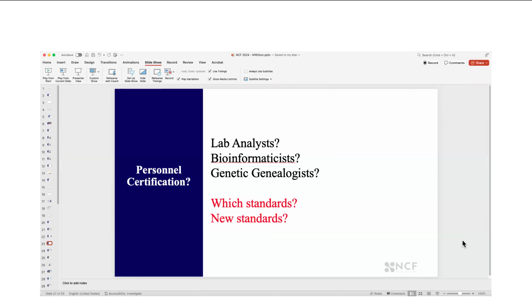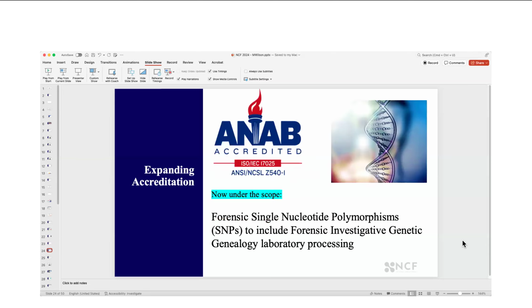Typically now the senior genealogists are responsible for assessing the work of the other genealogists on a biannual basis. So really the question is, which standards apply and do we need new standards? There's an emerging section under ANAB that now falls under the scope of SNP genotyping to include forensic investigative genetic genealogy.